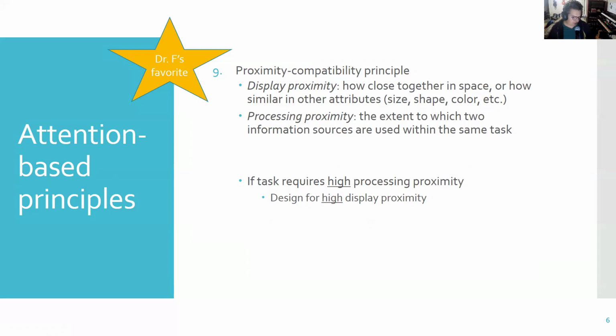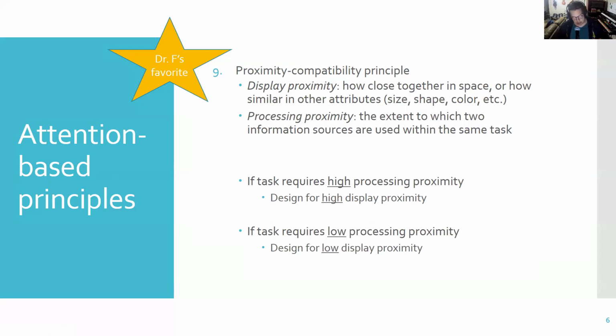All right, now this is only half of it, and this is the part where I'd like to get people, or just be ready for it on exams, etc. It's this other half of this principle, which is if things are not used together at all, and they only could hurt the system by maybe being confused as going together, then the system is better off if they have low processing proximity.